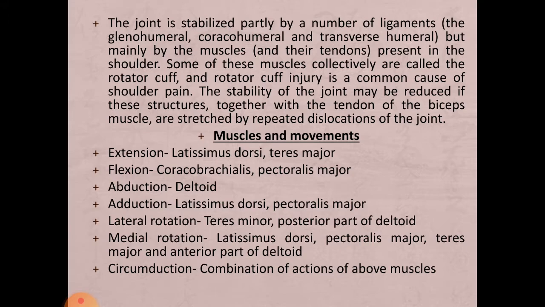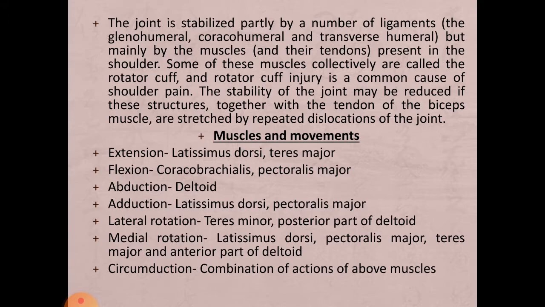We studied that the muscle tendons are more involved in the stabilization of the shoulder joint. Those muscles are the long head of the biceps brachii muscle, which travels within the intertubercular or bicipital groove and extends to the joint cavity through the transverse humeral ligament.